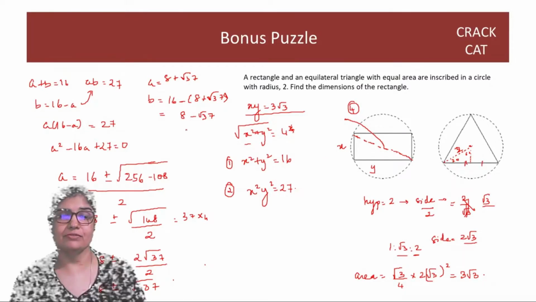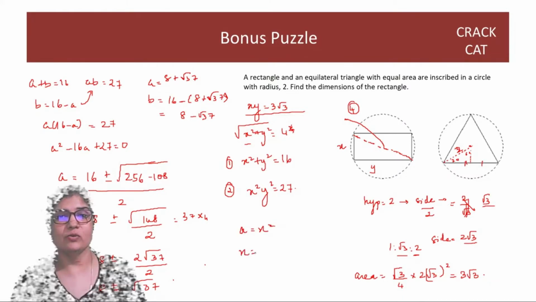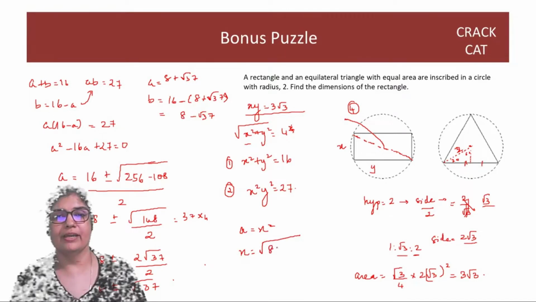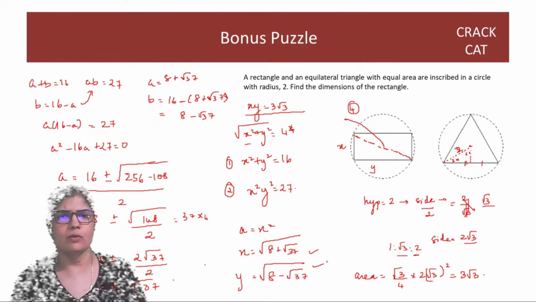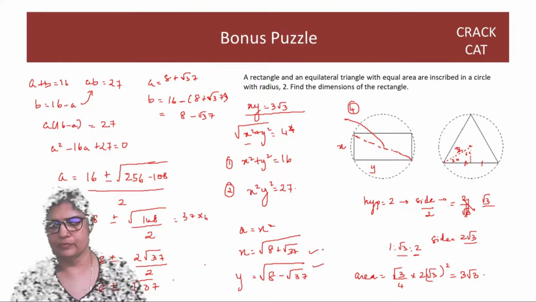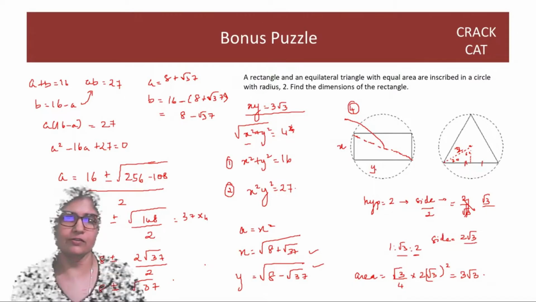But guys, let's first remember what a and b are. a is actually x square. So x is going to be root of 8 plus root of 37. And y similarly is going to be root of 8 minus root of 37. Both of these will be positive quantities. We don't need to worry. So that is your answer. Those are the dimensions of the rectangle.